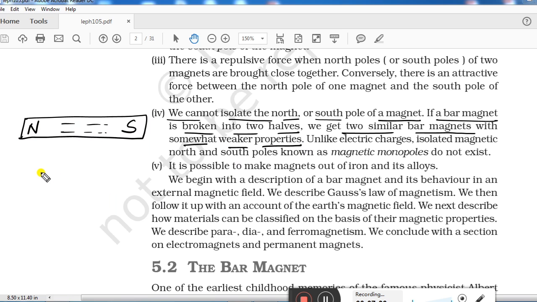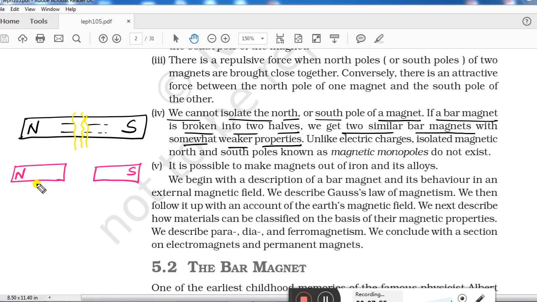We tried to break this bar magnet into two parts, and we succeeded. So what happened after that? A part of this bar magnet will come this side, and the other part will come this side.